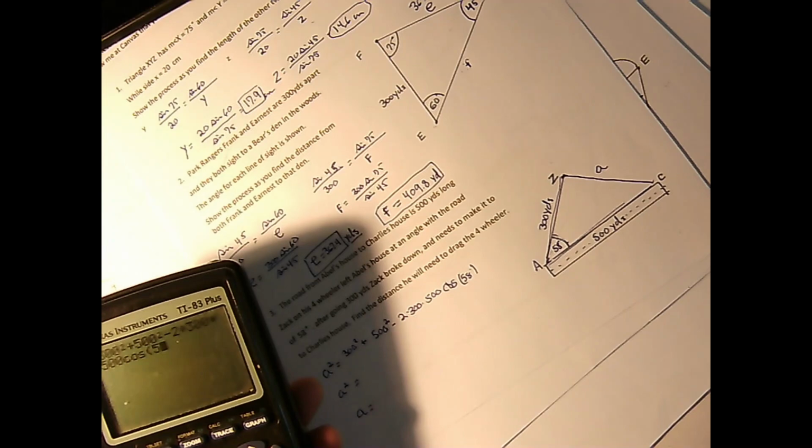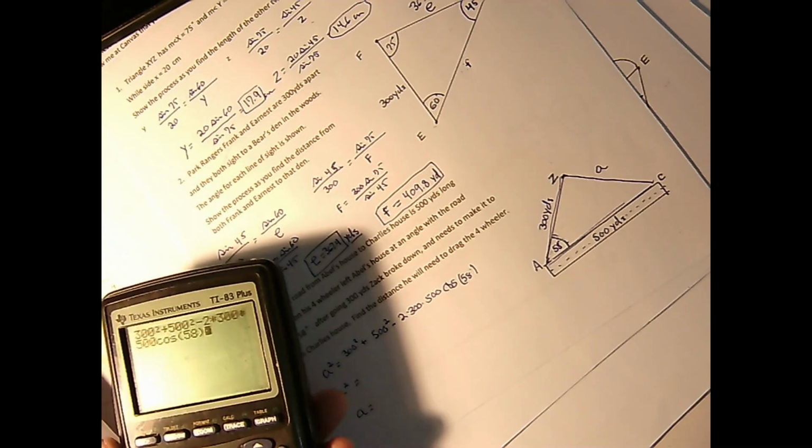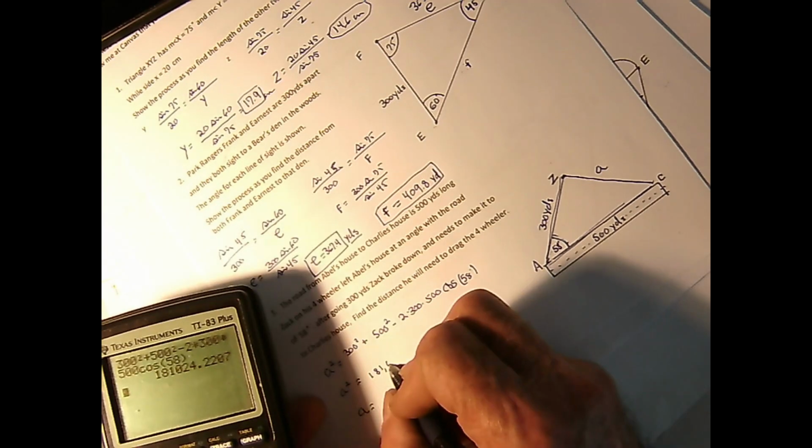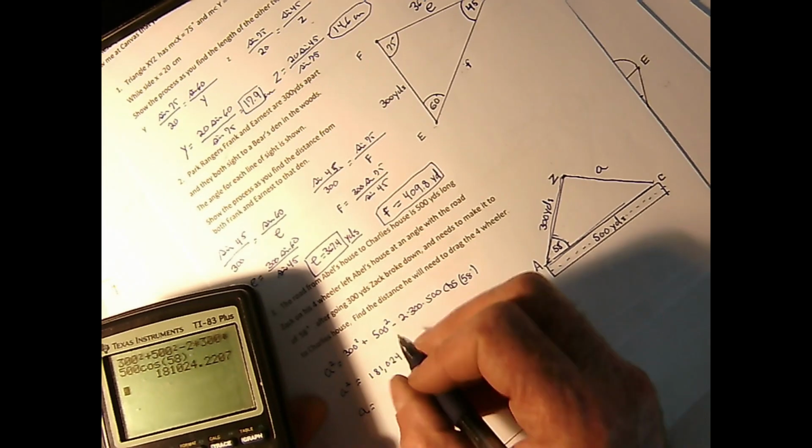Check all that out. Looks pretty carefully done. That's the square of that answer, which is not really interesting to me. I'll scribble it for a minute though. 181,024 and change, 0.2 is it? Take the square root of that amount though.